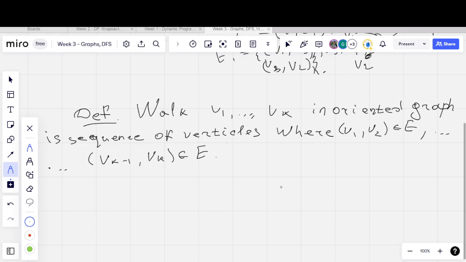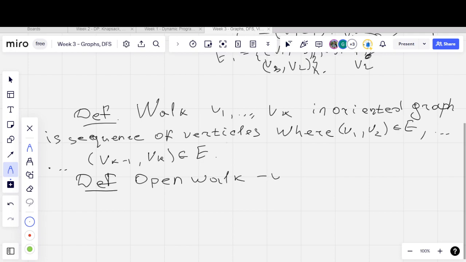Okay, in an undirected graph it will be sets, and we have another definition. Open walk. What is an open walk?